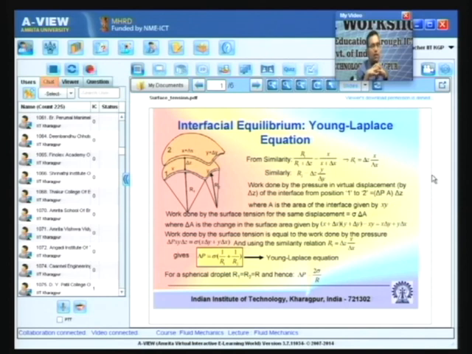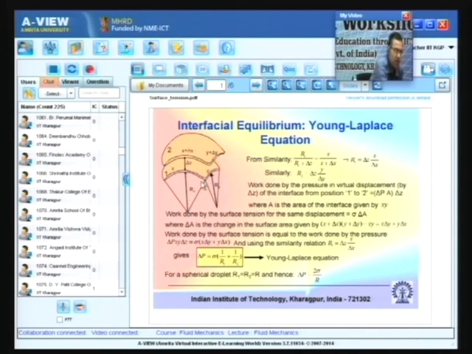If we equate this work and energy, we can write delta p into x y into delta z is equal to sigma into delta A, where delta A is x plus delta x into y plus delta y minus x y. That becomes x into delta y plus y into delta x, which is what is written here. Of course, we neglect the term delta x into delta y, which is small. Now we can relate delta x, delta y and delta z with the radius of curvature of the curved faces.